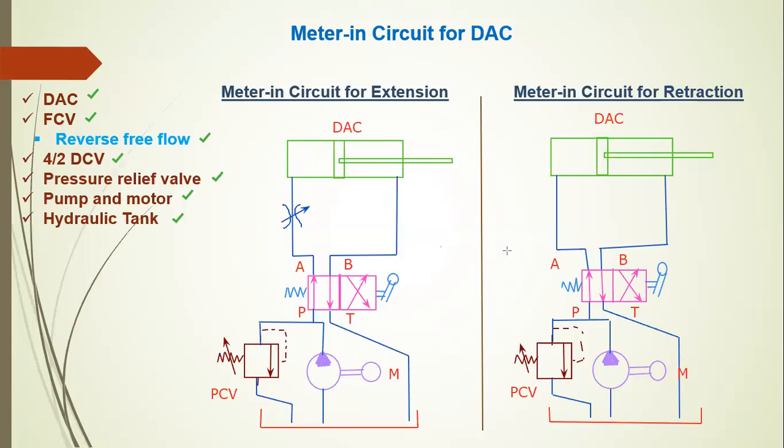In a meter in circuit for extension, always place the FCV on the inlet side. This point is the inlet side. So always remember to place the FCV on the inlet side of the DAC, the extension side. Then to give reverse free flow, we add one check valve.